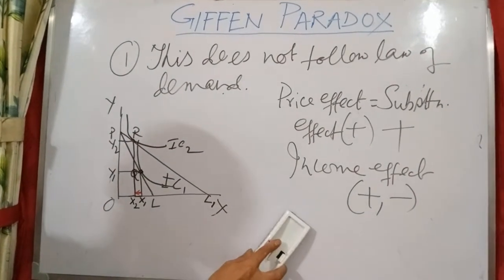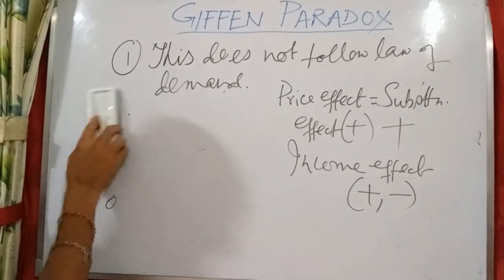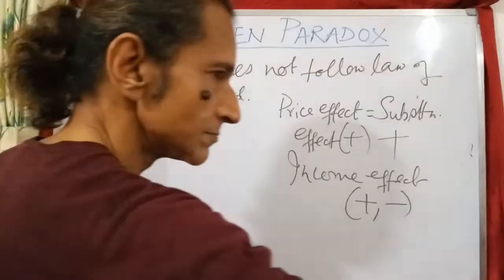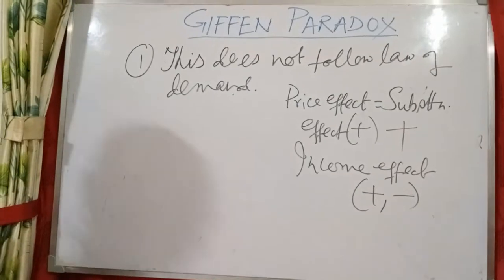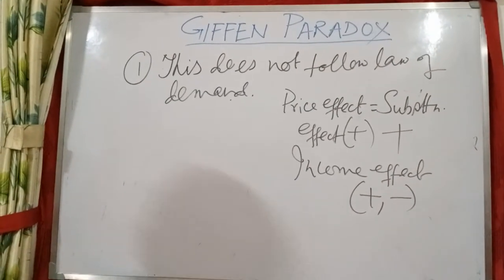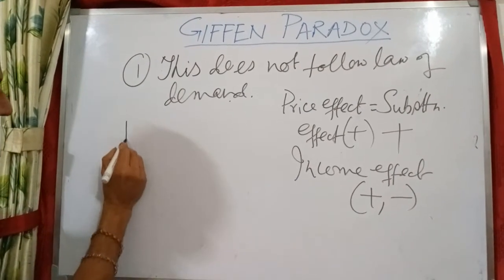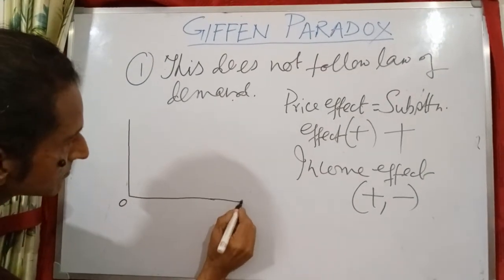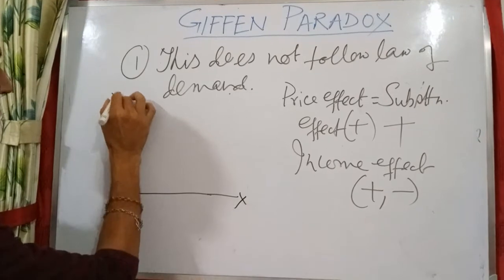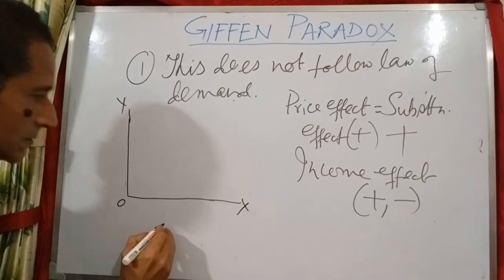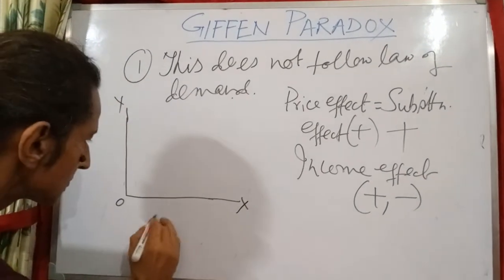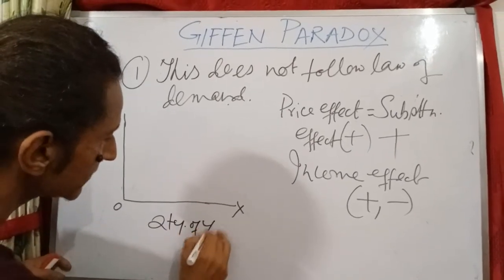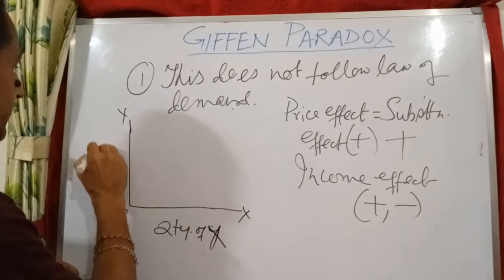Okay, I am erasing this part. Quantity of X here and quantity of Y here.